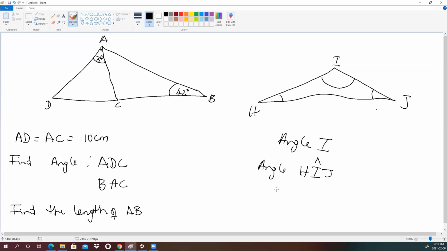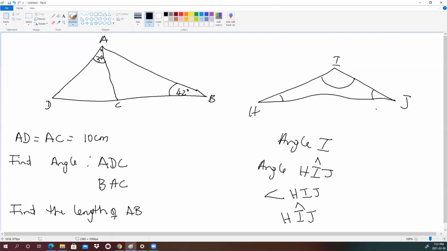Sometimes they will write it like this, angle HIJ. It's the same thing. And sometimes they will write HIJ and put a little thing like that over it, the angle. It's the same thing, all right? So I just want you to be aware of how they represent it.